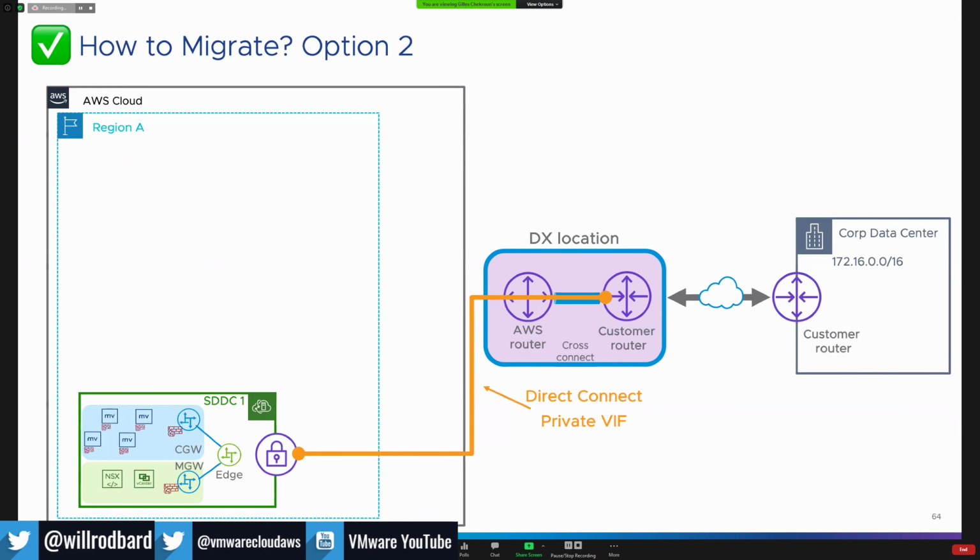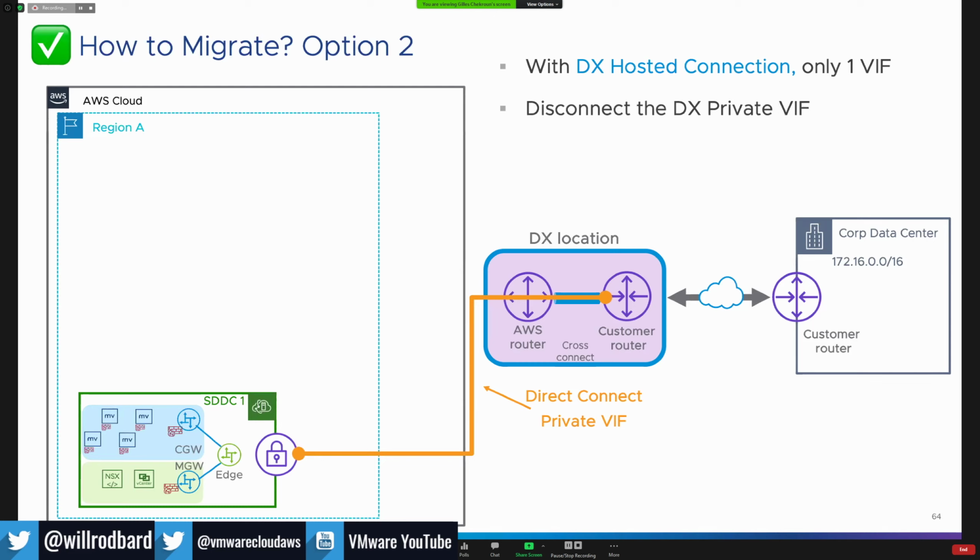If I don't have a dedicated connection, then I have a hosted connection, and I have only 1 VIF. So what I need to do is disconnect the direct connect private VIF. This one has to disappear.